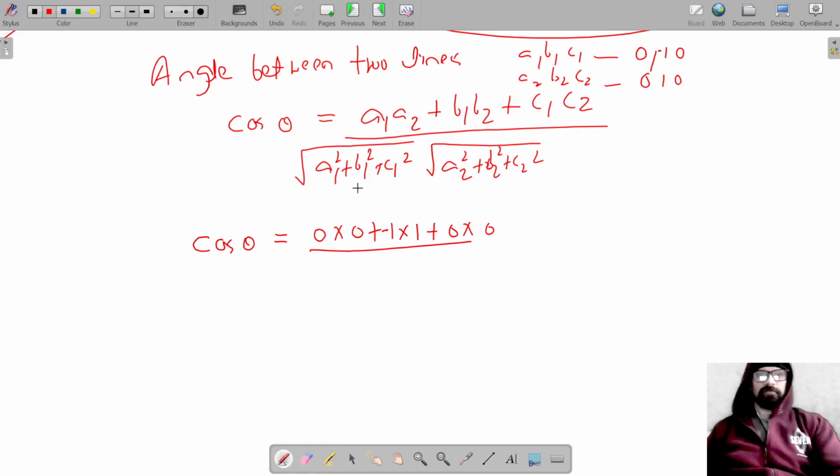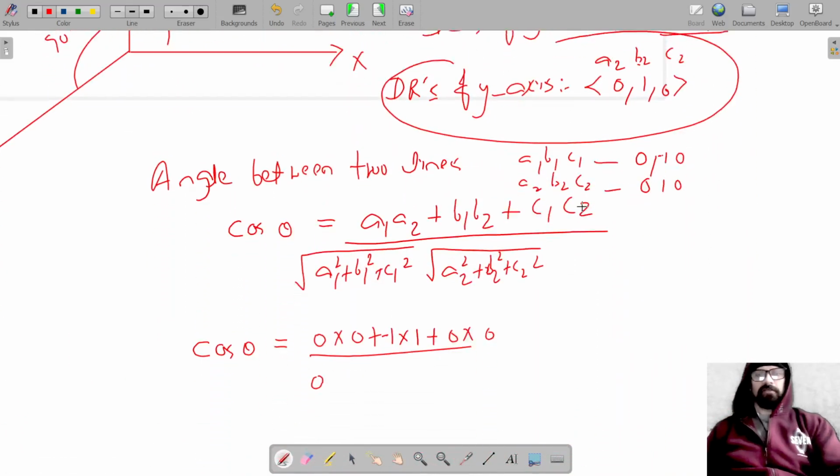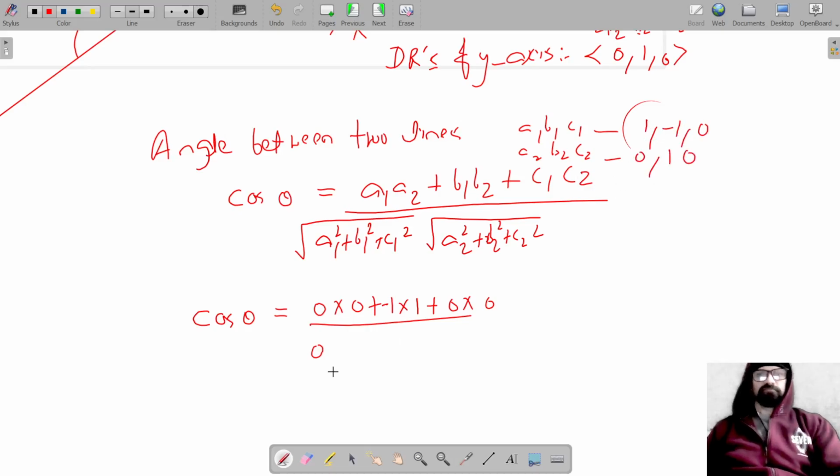Okay, so a1 is 1, not negative 1. The direction ratios here are 1, negative 1, and 0, and for the y-axis, it's 0, 1, 0.